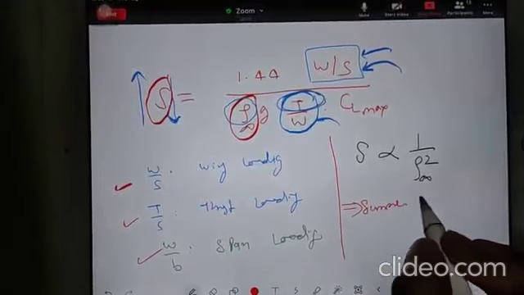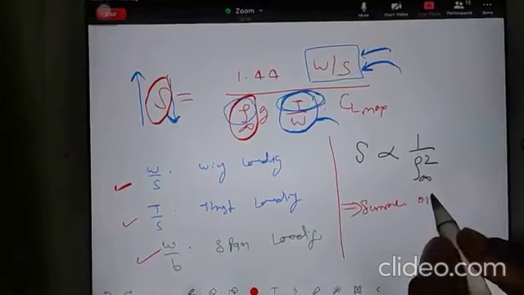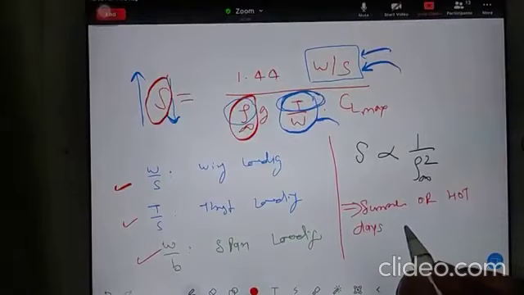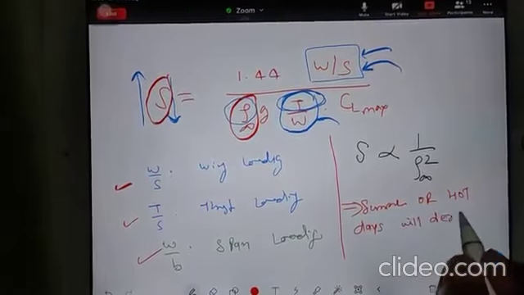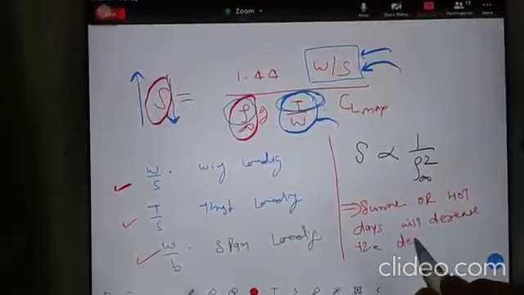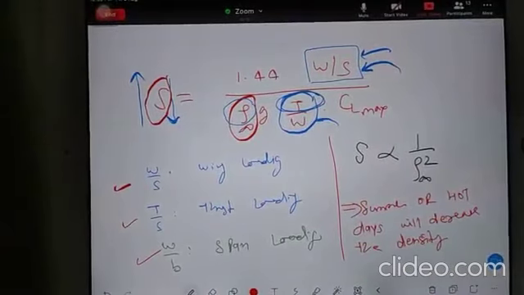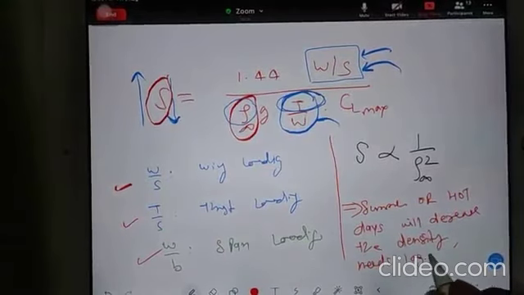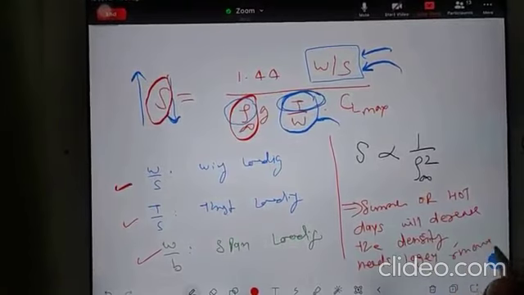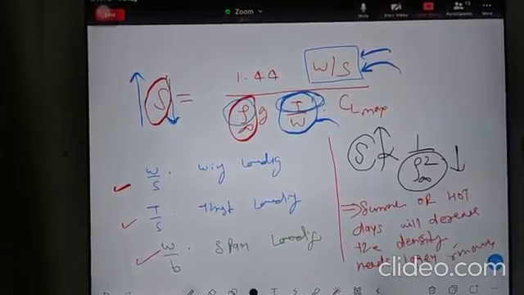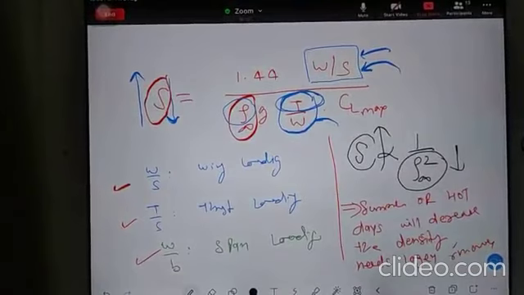Summer or hot days will decrease the density, so they need a longer runway. See here, if density will decrease, S will increase. So you need a longer runway. It means you need a longer takeoff or lift-off distance.